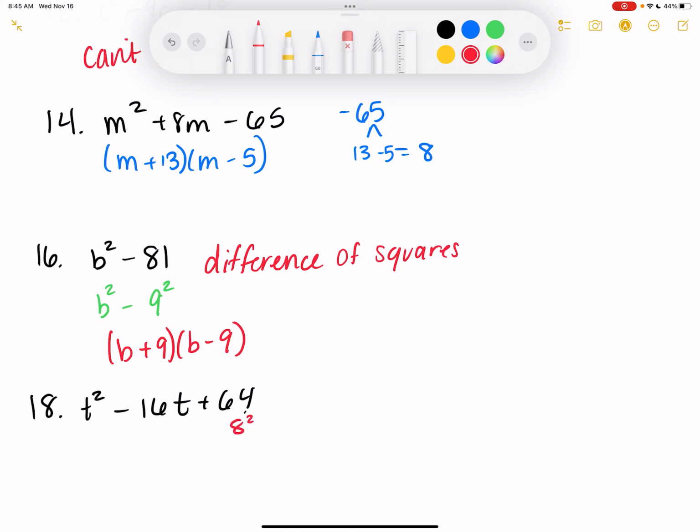So then the middle term has to be 2 times a times b. So 2 times t times 8 is 16t. So that means that the middle part is 2 times 8 times t is my middle term. So that's where you can verify that it is, in fact, a perfect square trinomial by checking that the middle term is 2 times a times b, from up here.